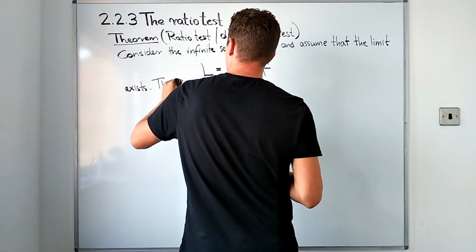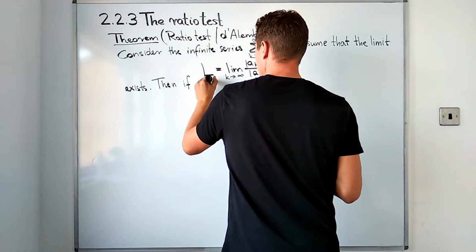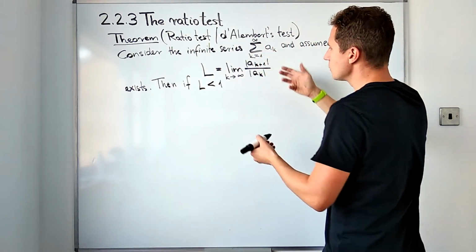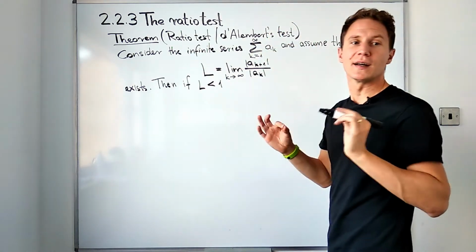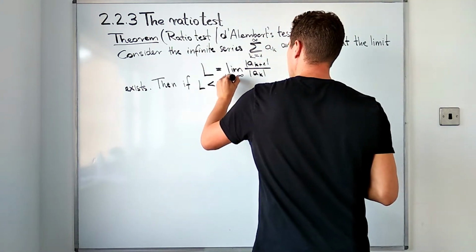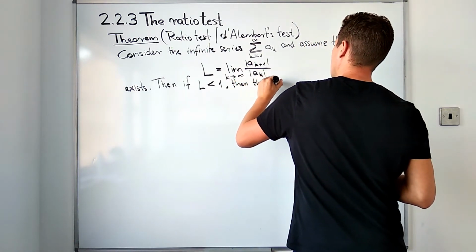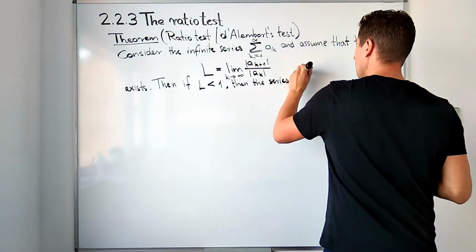Then, if L is less than 1, notice that we are taking ratios of non-negative numbers, so it is some non-negative number. If it is less than 1, then our series converges absolutely.